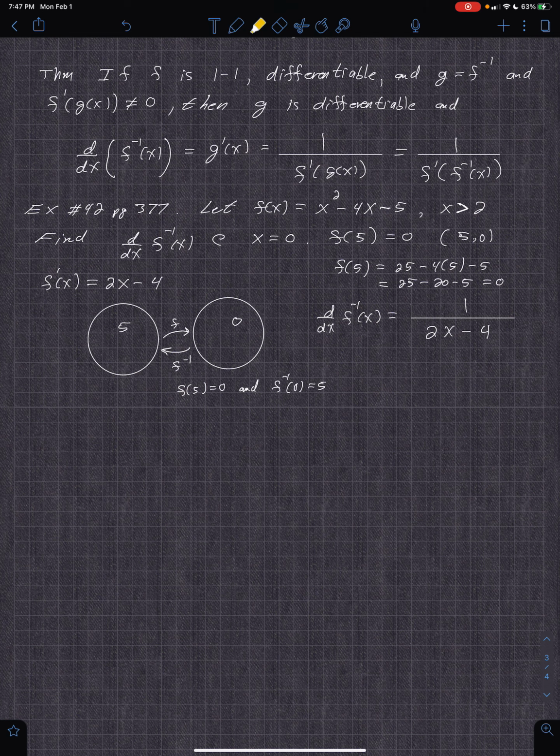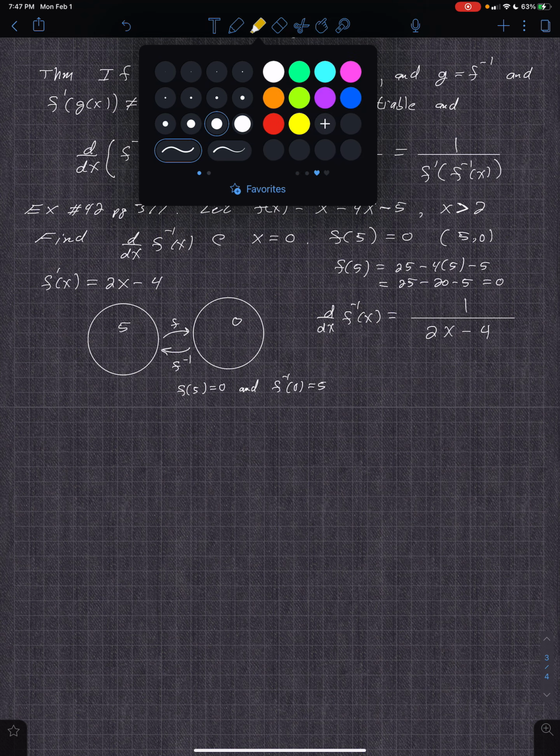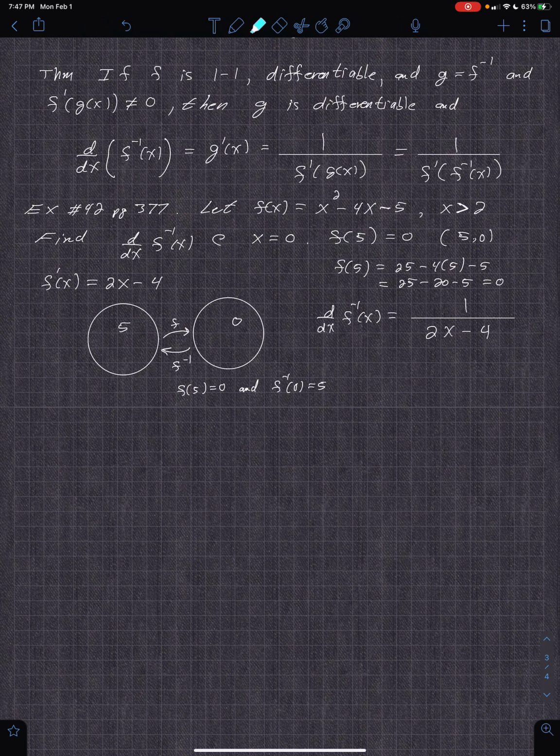Because what we're evaluating for, I don't like that color. That's better. Is 5. So 5 is going here because we're going to evaluate at 0. So what is the inverse of the value? So we're going to put 5 right there. And so you evaluate x equals 5.